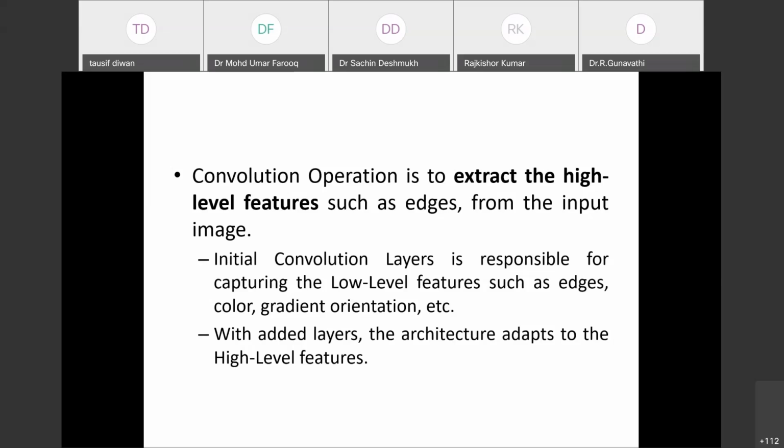So in general, low level features are extracted by initial convolutional layers, and high level features are extracted with the help of later convolutional layers.